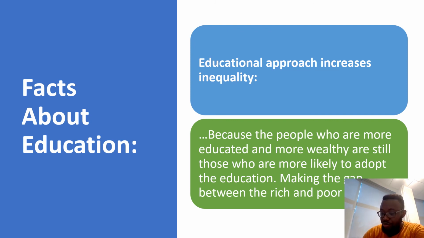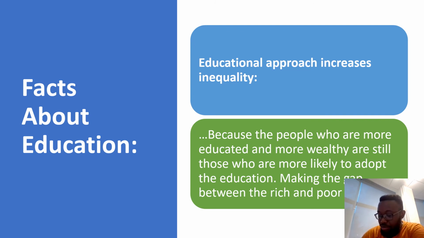So if you give health education, one person might be more likely to adopt some of the things you have said, implement them and get benefits. If any benefits are gained from the message you've given, it might end up being the person that is already well off.